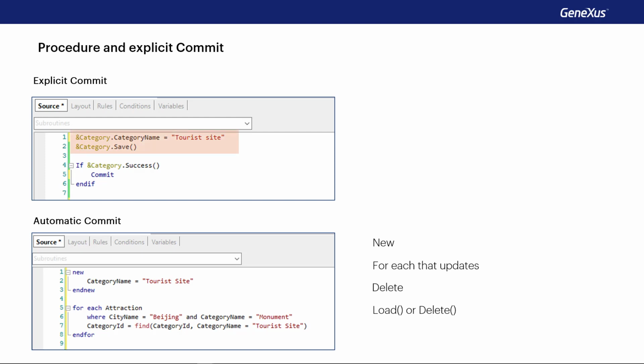Or, even if instead of .save, we do .insert, .update, or .insert or update, it doesn't add the commit. Genexus doesn't realize that we want to do an insert on the database, even using the insert method, so we have to write the commit command explicitly.